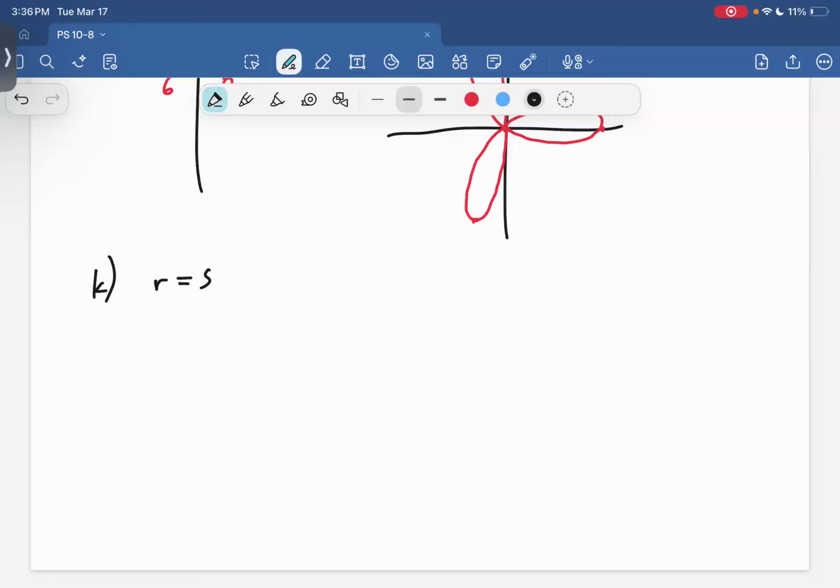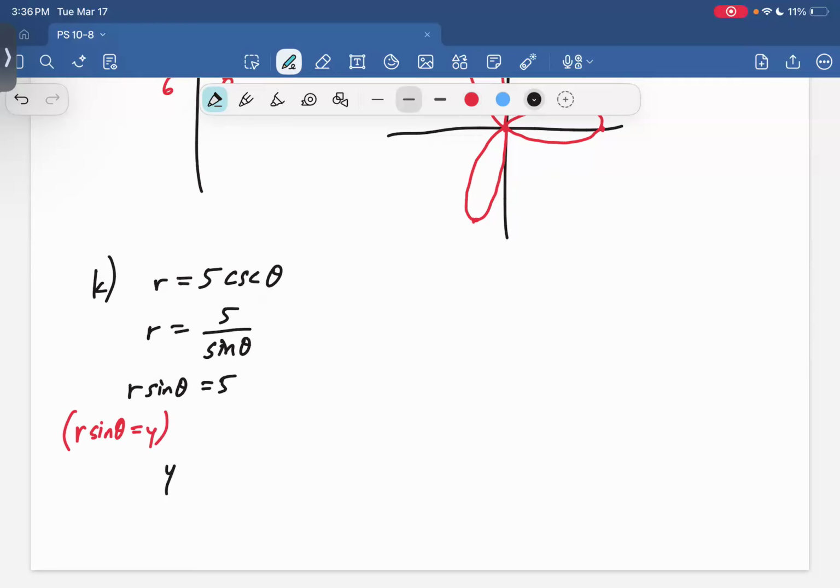Okay, so we have r equals 5 cosecant theta. What do you do here? You just rewrite the right-hand side to be 5 over sine theta, and then multiply both sides by sine theta. But here you can make the substitution y equals r sine theta, right?